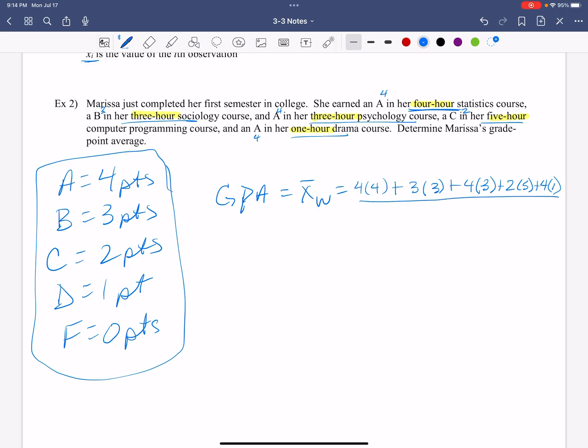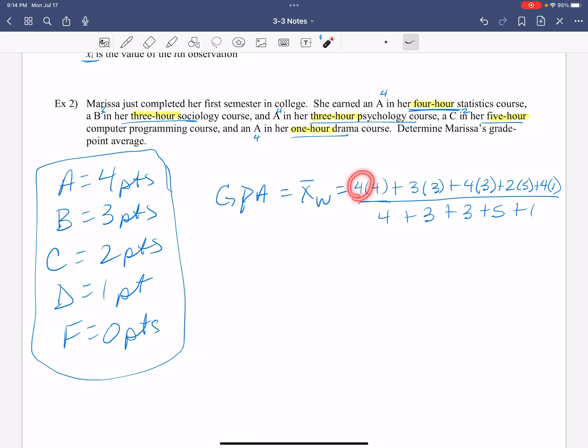And then we're going to divide that by those weights. So that's a 4 plus 3 for the sociology, plus 3 for psychology, plus 5 for computer programming, plus 1 for drama. Do you see that? I put a line there on accident. I just saw it. Right?